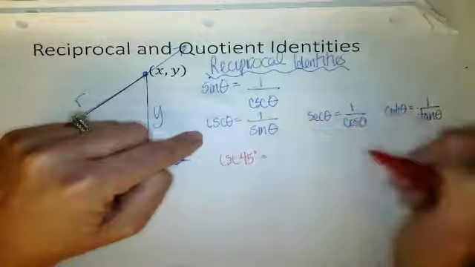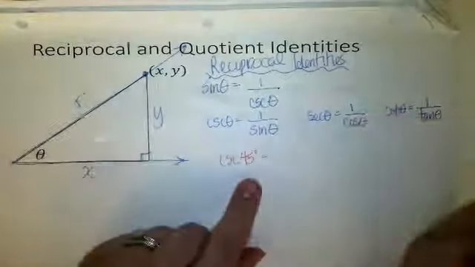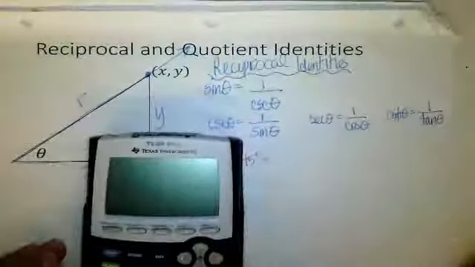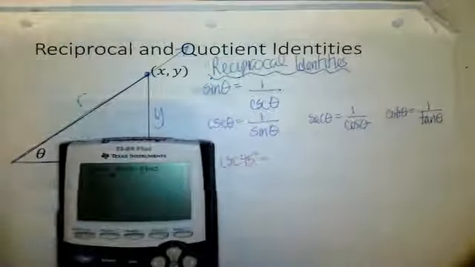So to type this in our calculator, first of all, you guys have TIs, I think. No? Oh, that's right, okay. I've got a Casio.